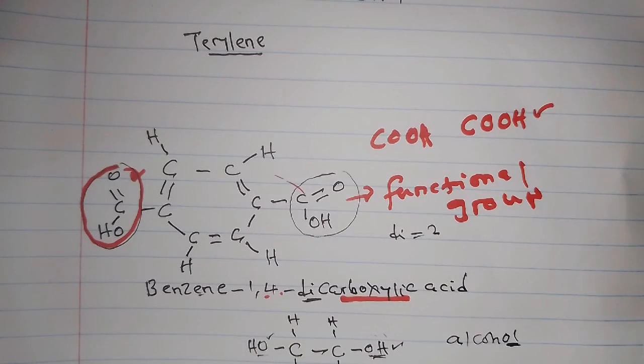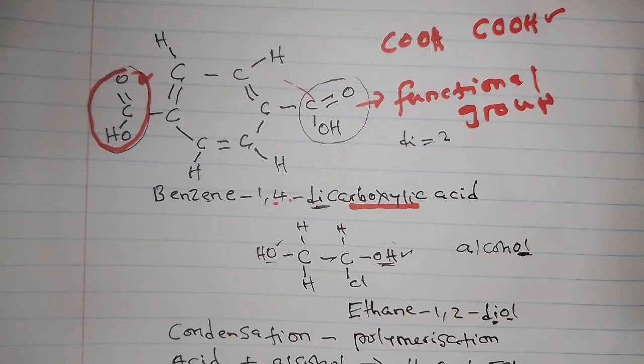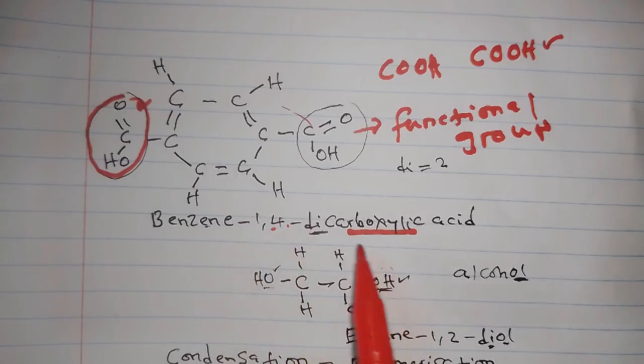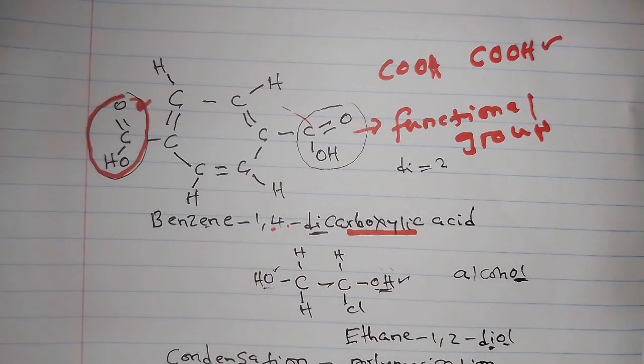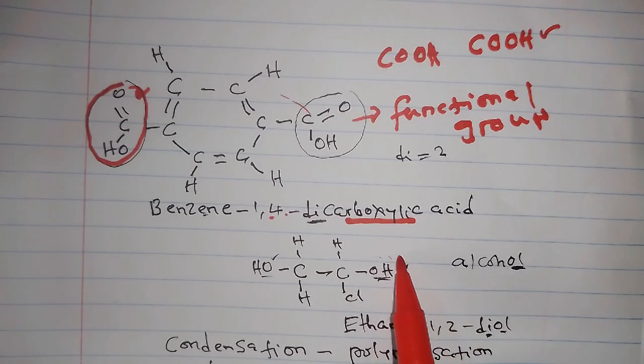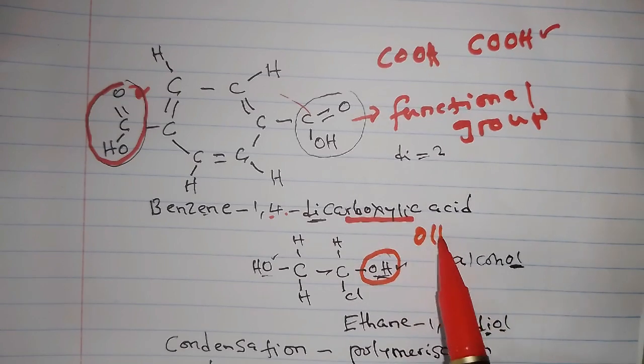In order for us to get terylene, we also need another reactant. This is called ethane 1,2 diol, an organic alcohol, which has the functional group called the OH.